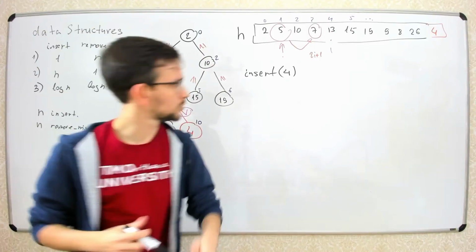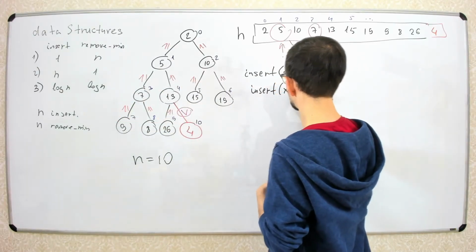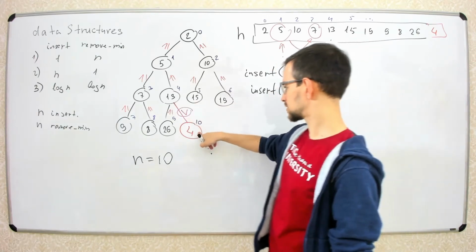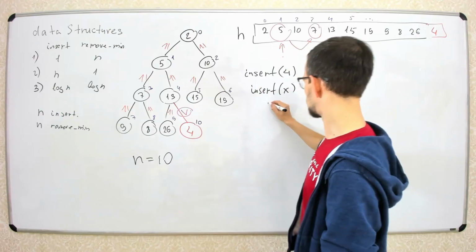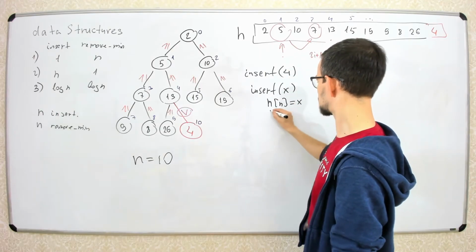Well, let me just write the code here. So let's say we have insert x. First we put the element in the last position. The last position has index n. So again we'll say h[n] equals x, n plus plus.